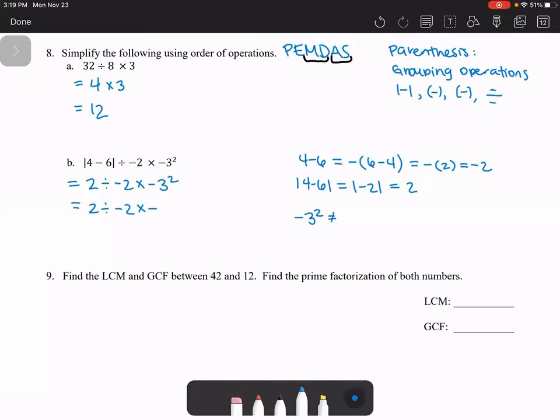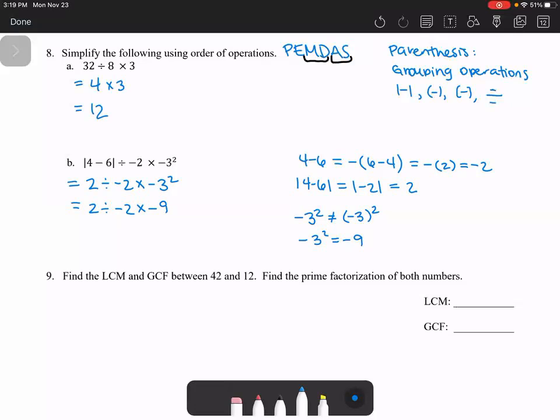Negative 3 squared is negative 9. It's not positive 9. This is something that a lot of people missed on the exams: you're not squaring the negative. The negative isn't attached to the 3 that's being squared. So this is just negative 9.